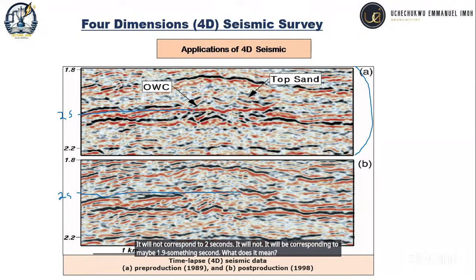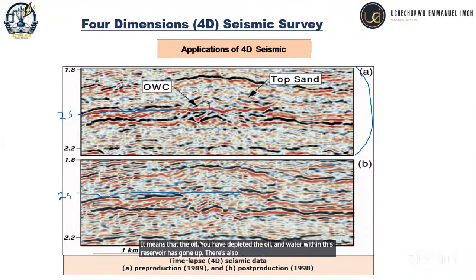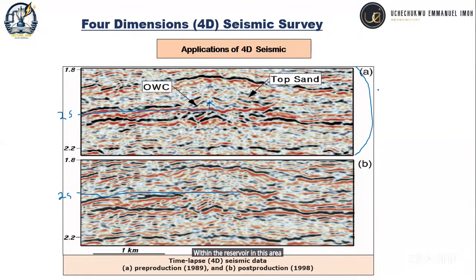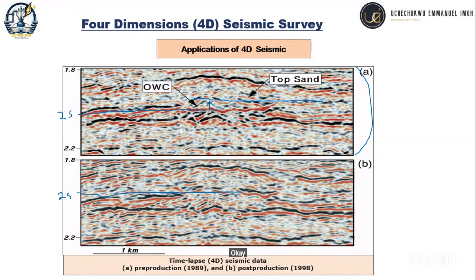It means that you have depleted the oil and the water within this reservoir has gone up. There's currently water flooding within the reservoir in this area, what we call water flooding. So the oil-water contact has actually moved upwards to somewhere here, okay? That is typically what this time-lapse seismic is showing or interpreting.